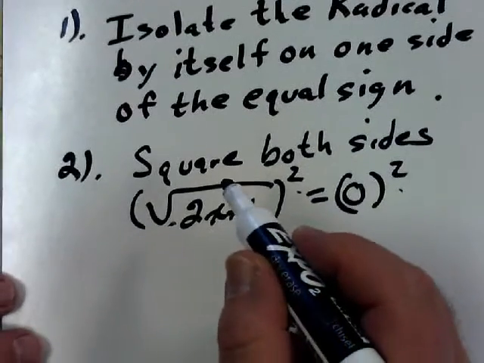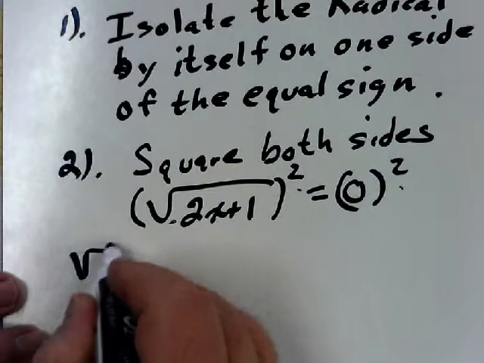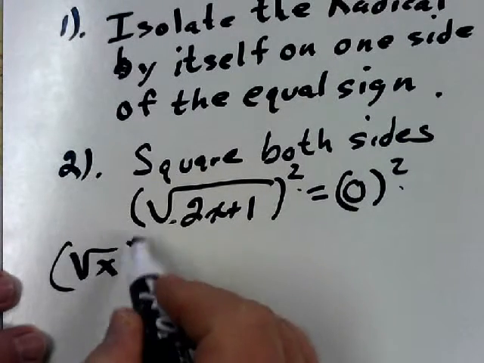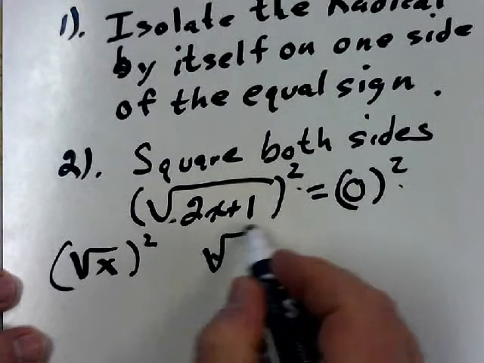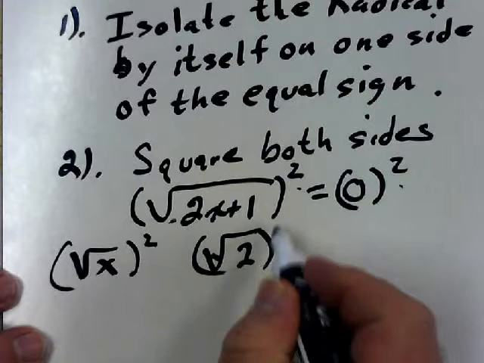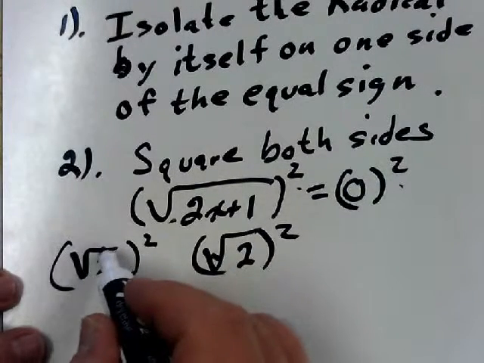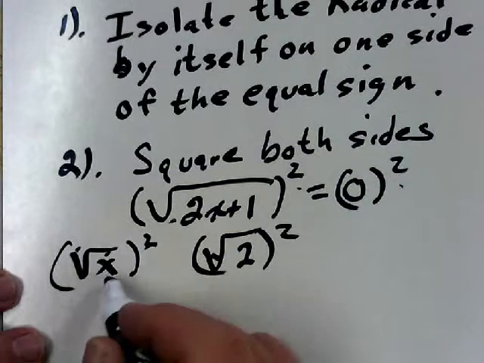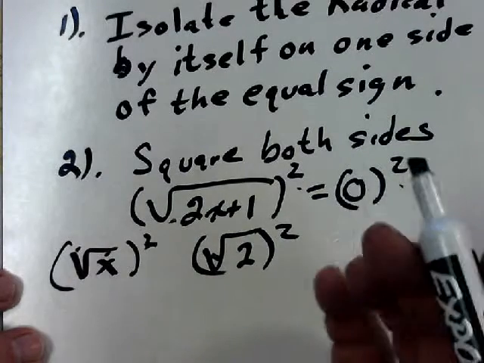Well, we should know by now that if I take a radical, like the square root of x, and I squared it, or if I had the square root of 2 and I squared it, if it's an index of 2, what do I result as for a simplification of that?